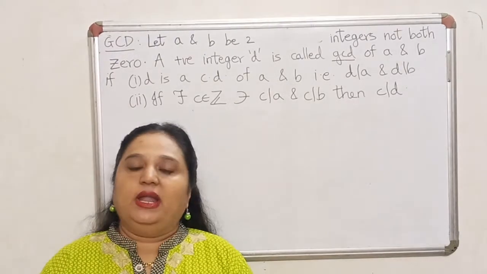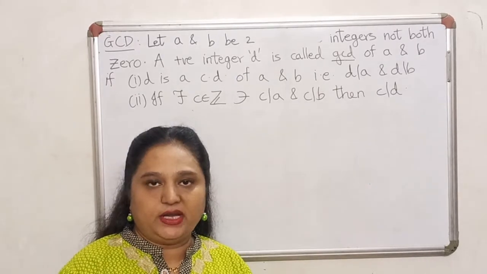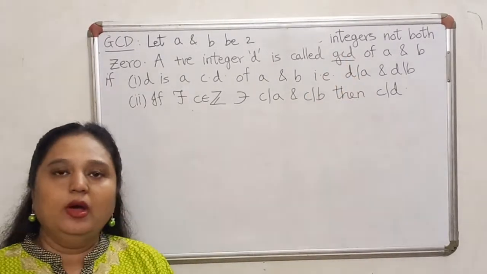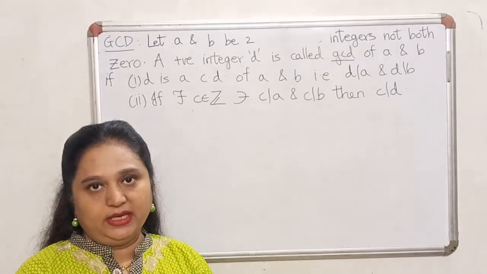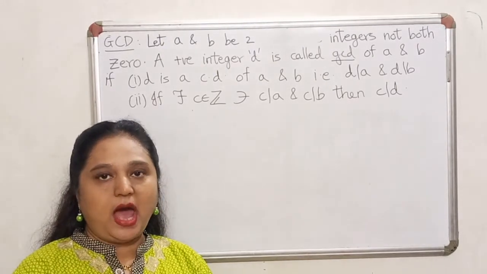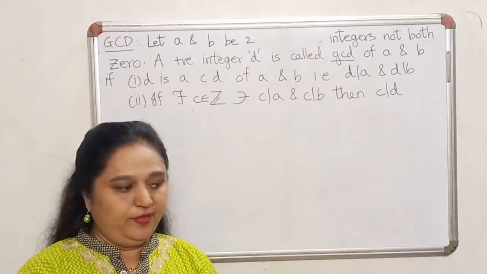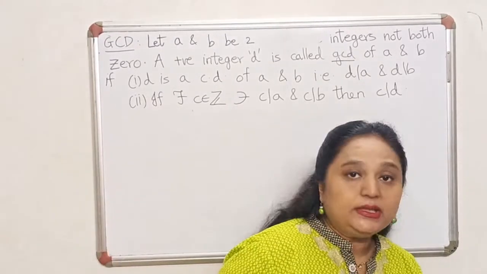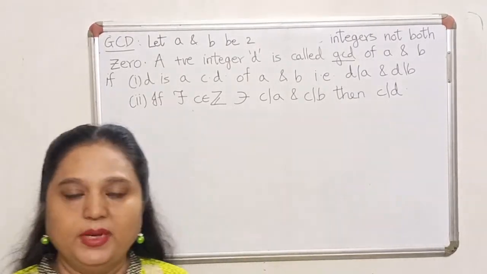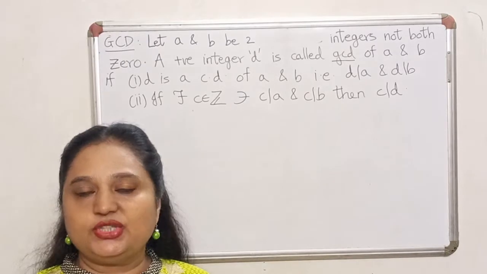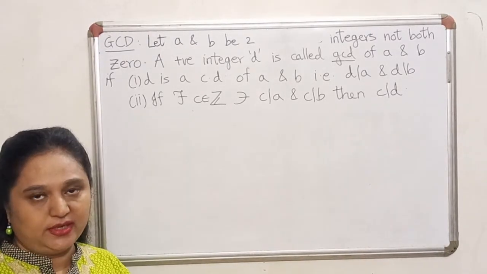Next question we would like to ask is, given a pair of integers, not both 0, how do I know that they will have a GCD, and how many possible GCDs can they have? So both these questions are answered by the GCD theorem. Just like the division algorithm, GCD theorem is also something that you have studied in the first year class.